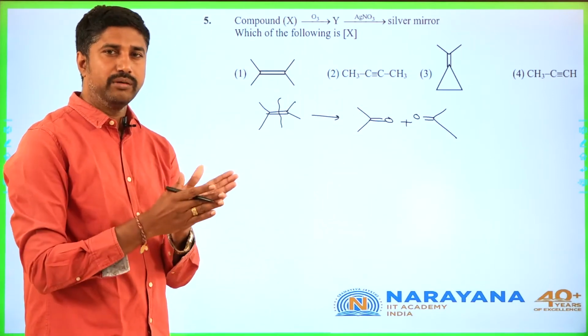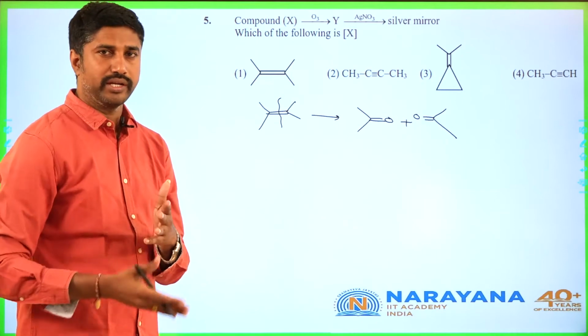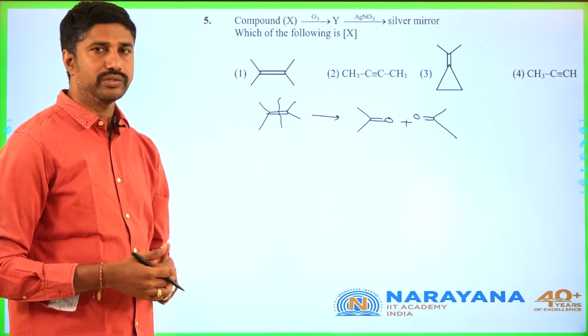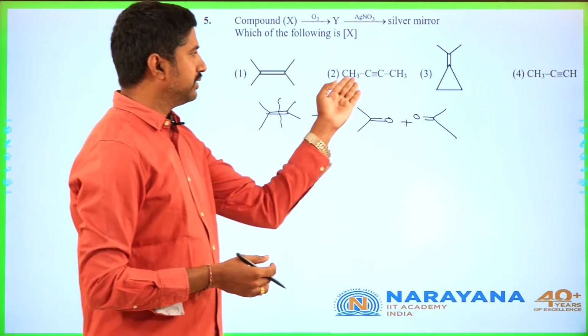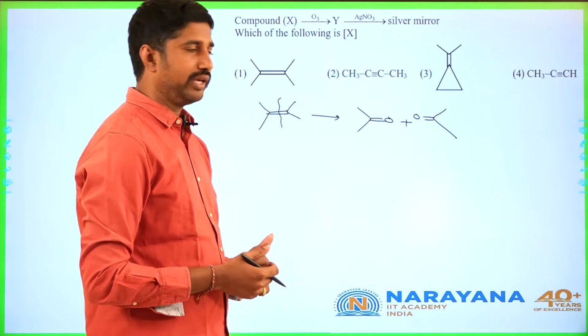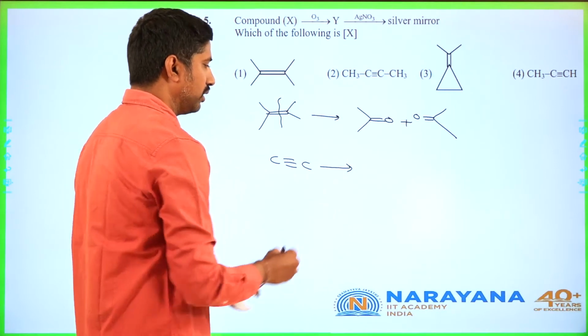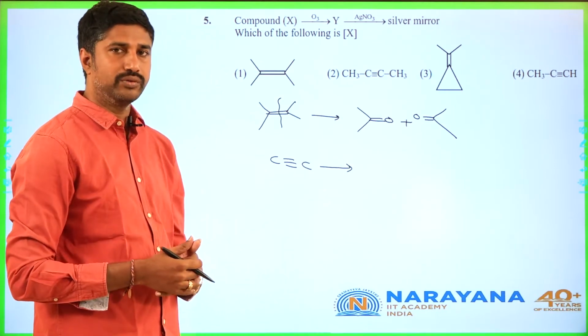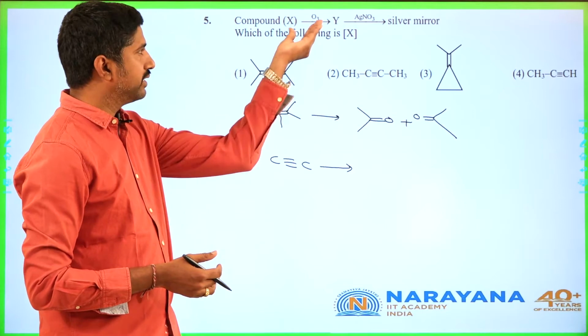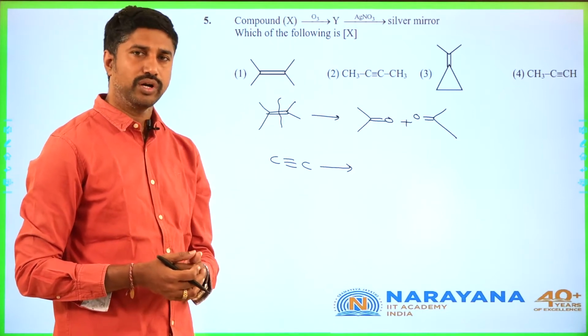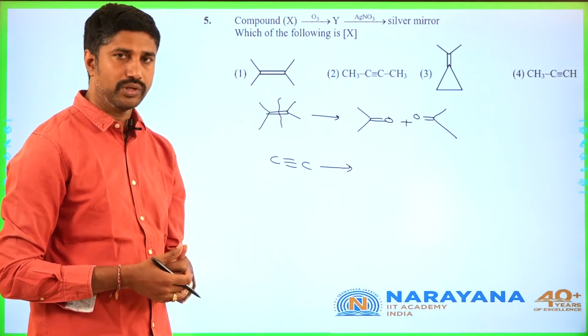In alkenes, C double bond C will be completely broken, and you will get the respective ketones here. In the case of alkynes, C triple bond C, when you are doing ozonolysis, particularly reductive ozonolysis, since they didn't mention whether it is oxidative or reductive, consider reductive ozonolysis.